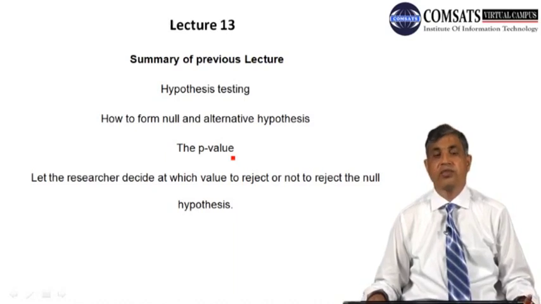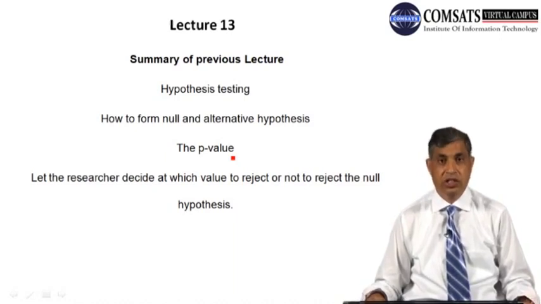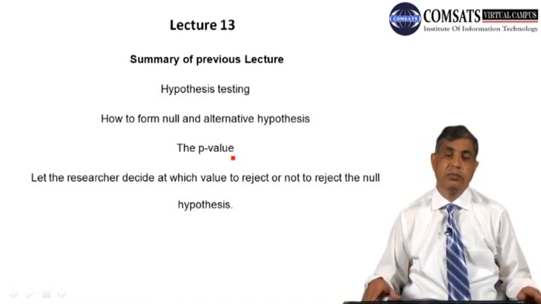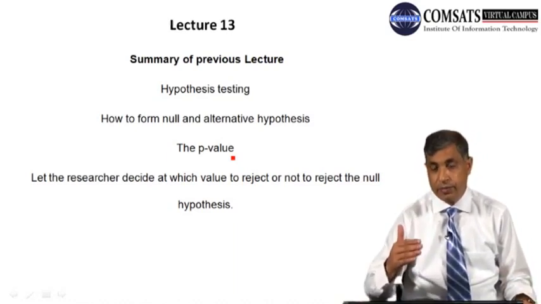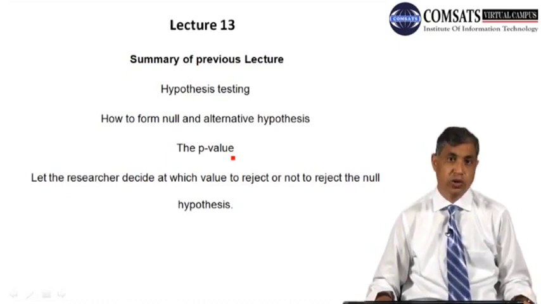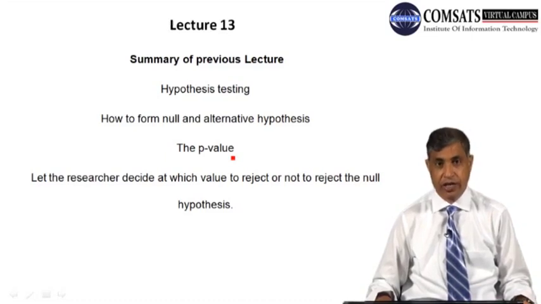So in hypothesis testing, we saw how compatible our estimates are with the stated hypothesis. Compatible here means how close. What we want is that our estimates should be very, very close to our hypothesis statement.